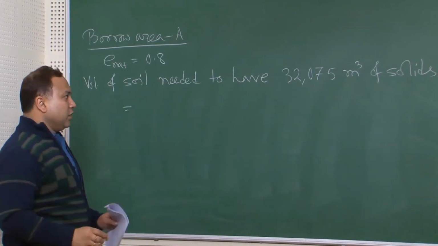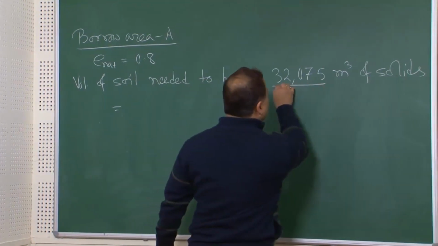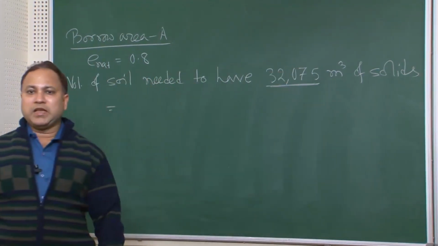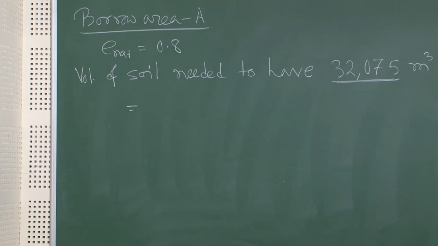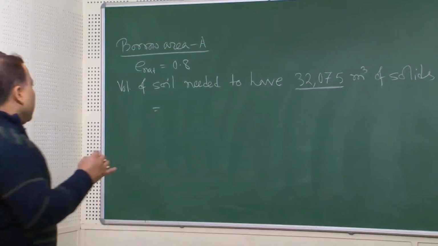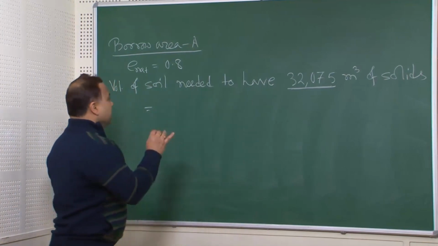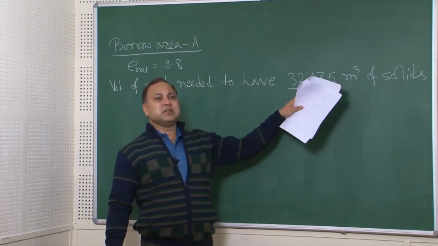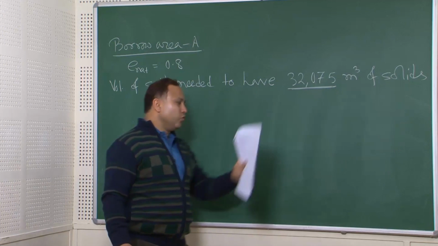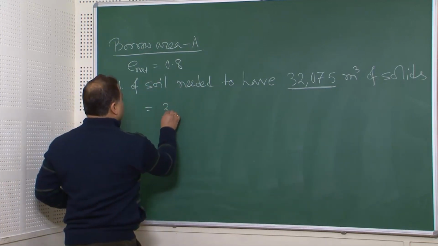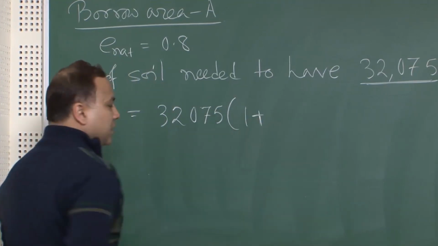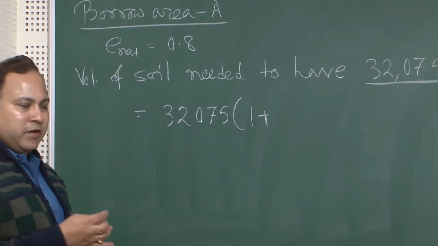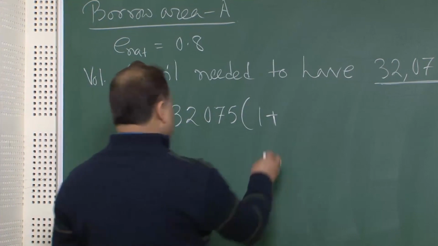As I told you, the volume of solids will remain unchanged for whatever borrow area you consider, right. So, your volume of soil needed to have this volume of solids will be 32,075 into 1 plus E natural, that is the E available for that particular borrow area, that is 0.8.